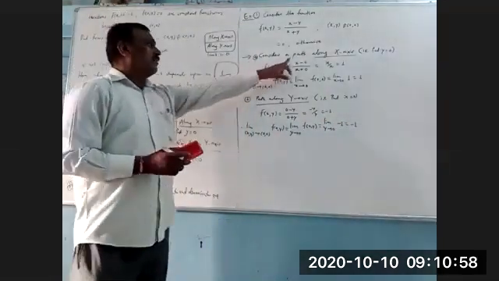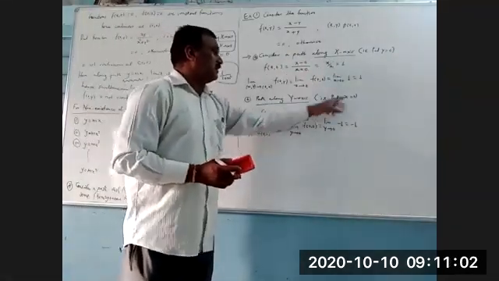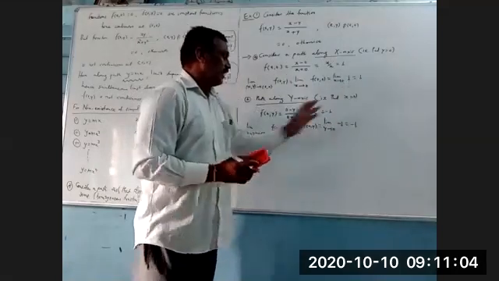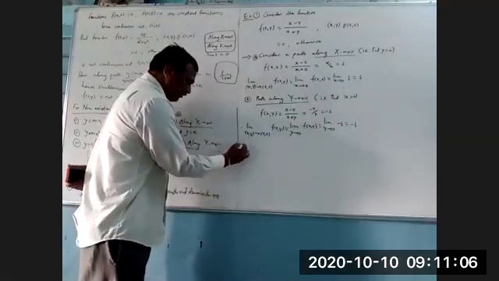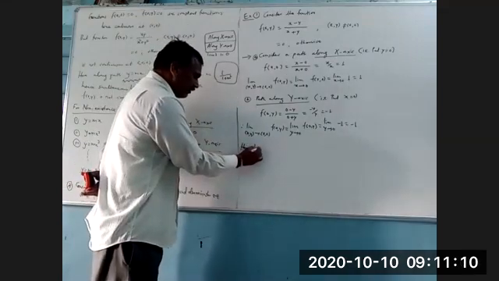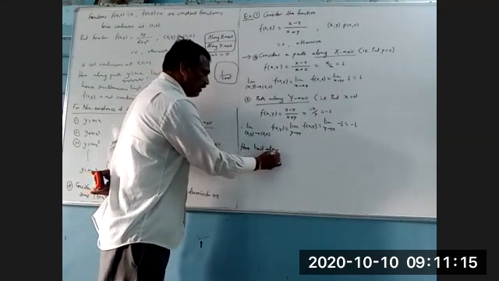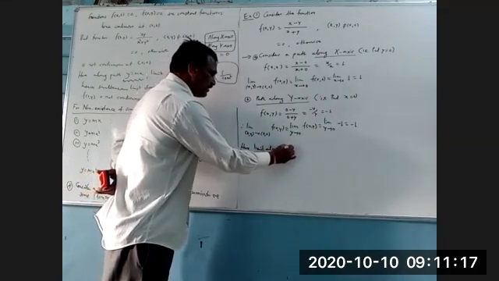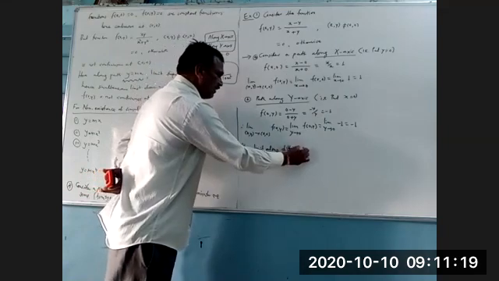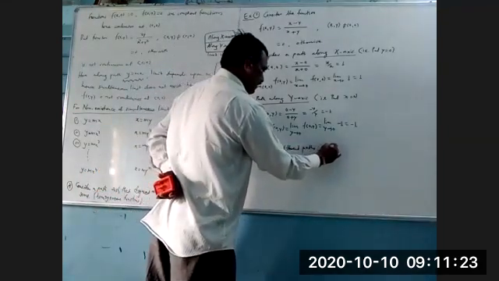Now the limit along these two paths is different. Here it is 1, here it is minus 1. Therefore the limit along different paths is different.